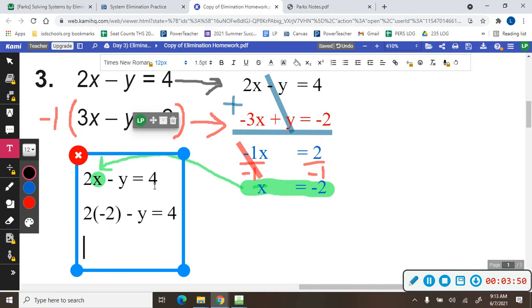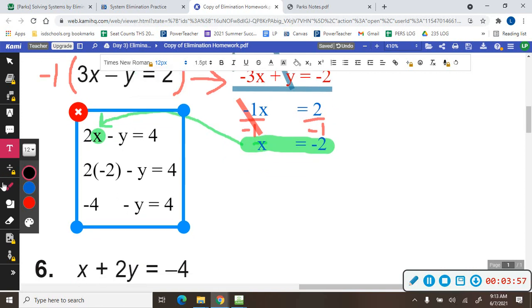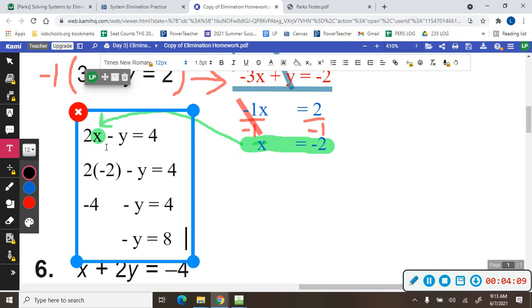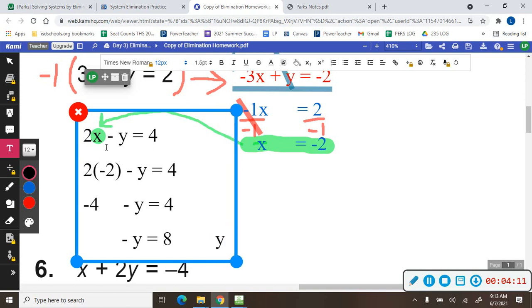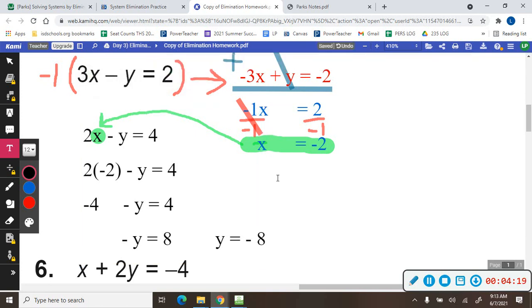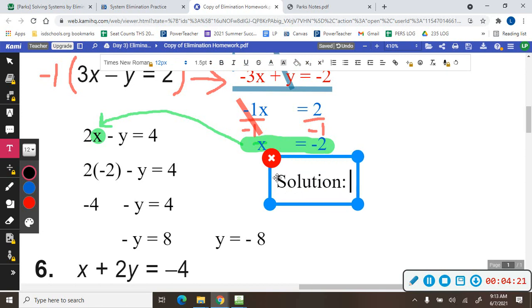And 2 times negative 2 is negative 4. Then I would add 4 to both sides, and get negative y equals 8. So that means that y equals negative 8. So I'd say my solution is negative 2, negative 8.